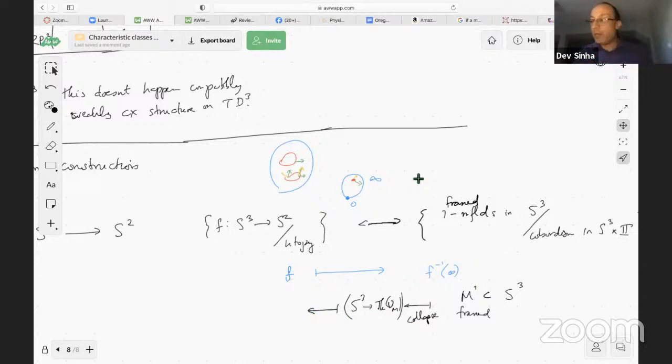That Thom space admits a projection to S2, and so I get a map from S3 to S2.